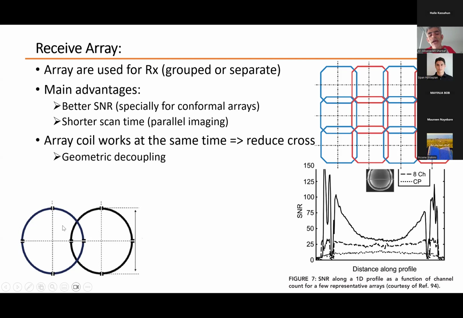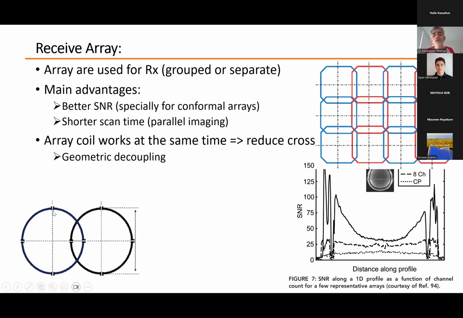So for the overlapped part it comes out, for the non-overlapped part it goes inside the screen. So for two parts of the loop, we have currents induced in two different directions, and these two cancel out each other. So we don't get any current out of this second loop.